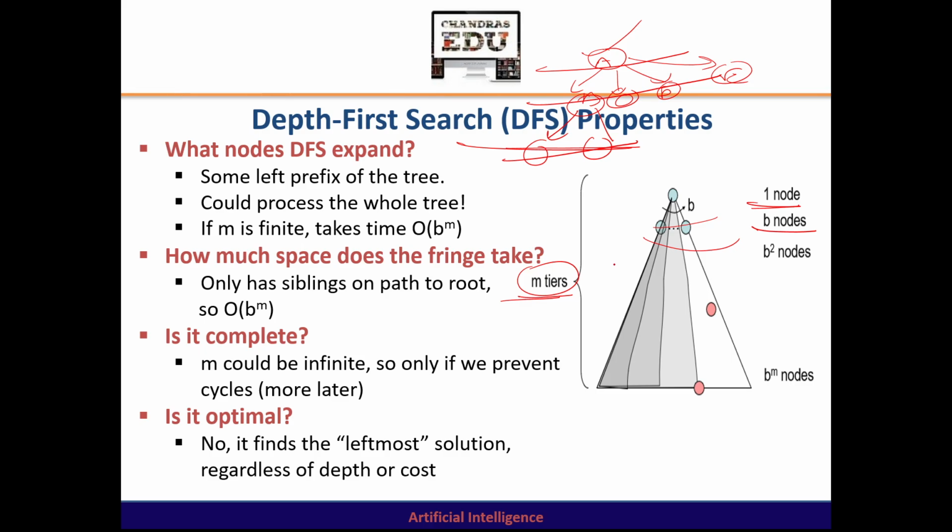Here we have pink dots which indicate the solution. We need to explore the first path and then the next path. You can see the lines next to this path, and in this path we will get the first solution. Next, when we explore this path, we will find the solution here. So at the last tier, we can have B to the power M nodes.